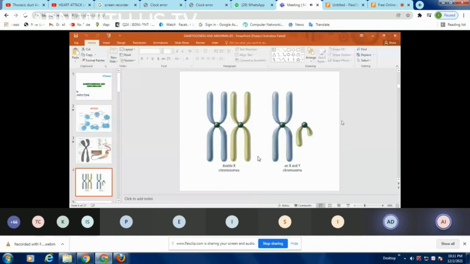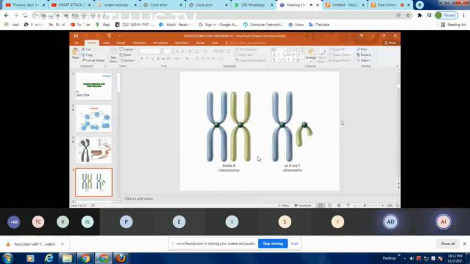Okay, so what I was expecting to hear from you is that, teacher, based on what I am seeing on the chromosome, I can now believe that it is the male who determines the sex. Is that clear? Yes, sir.